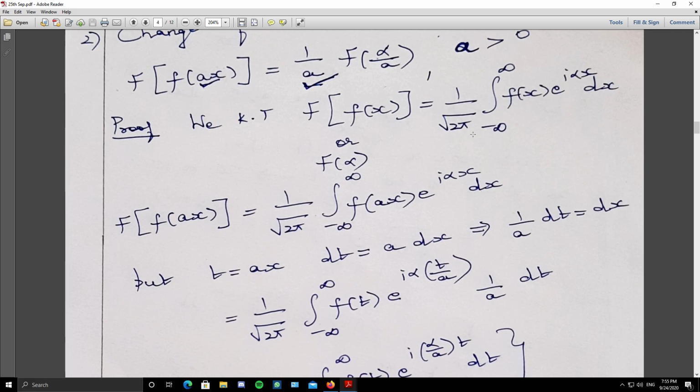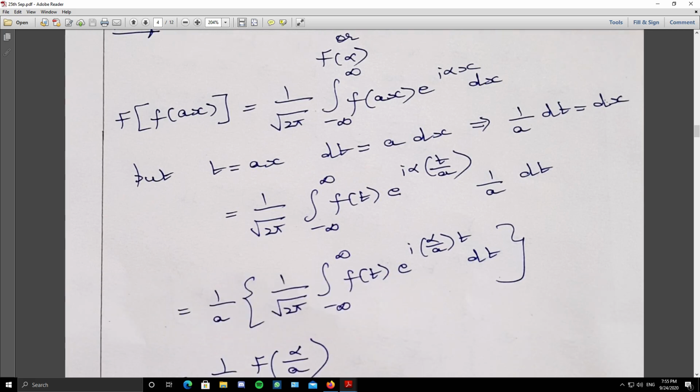So 1 by root of 2 pi integral from minus infinity to infinity f of ax e power i alpha x dx. Then we do the substitution. T is ax. A is a constant. So dt equals a dx, or dx equals 1 by a dt. As x varies from minus infinity to infinity, t will also vary from minus infinity to infinity.